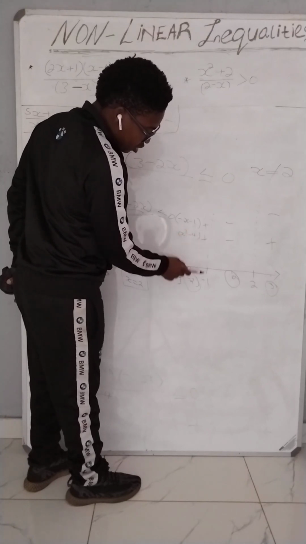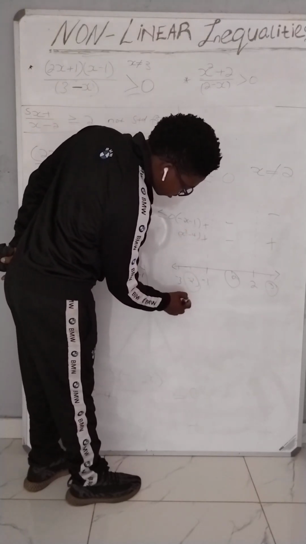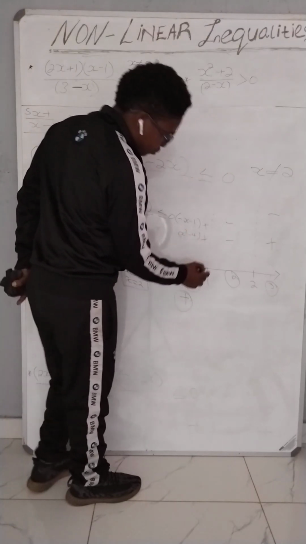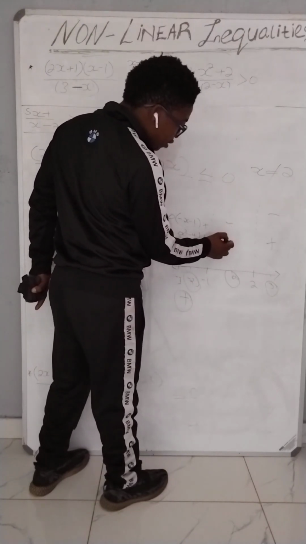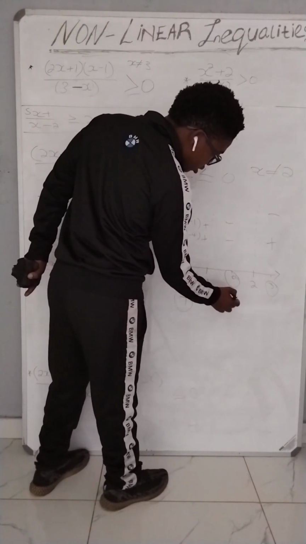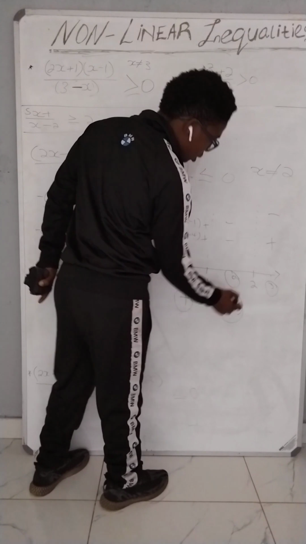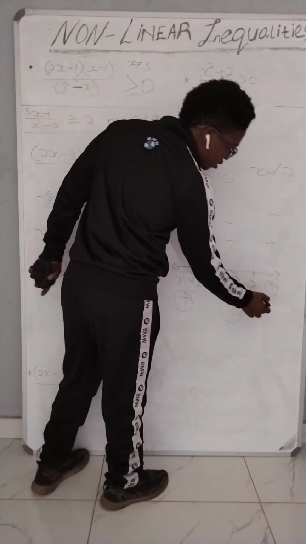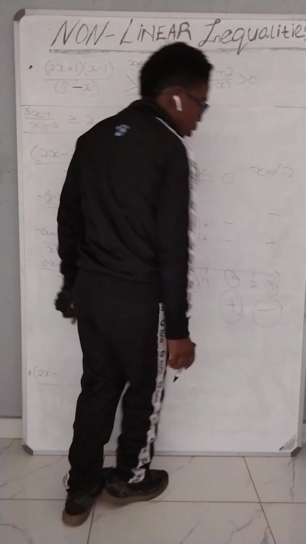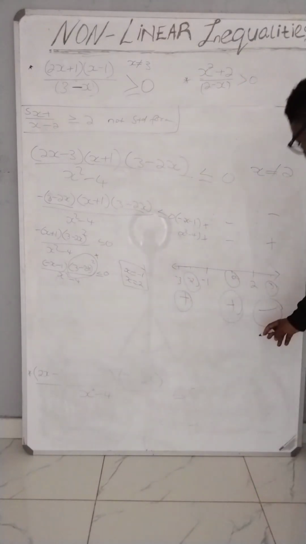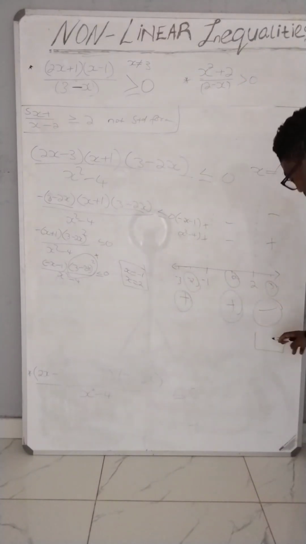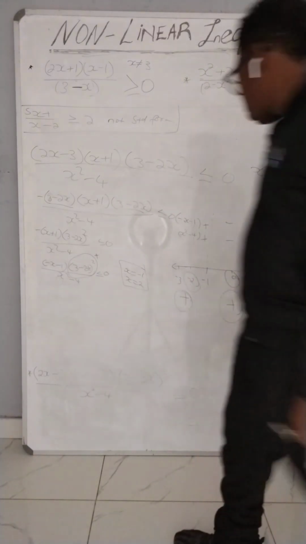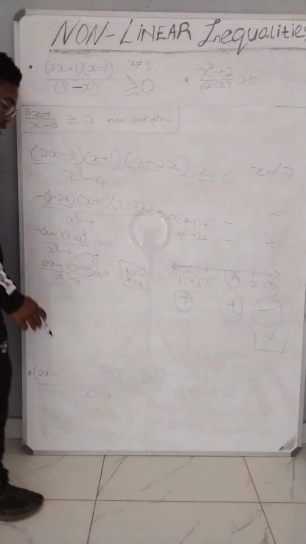Positive divided by positive is positive. Negative divided by negative is positive. Positive divided by negative is negative. Meaning our answer only lies here.